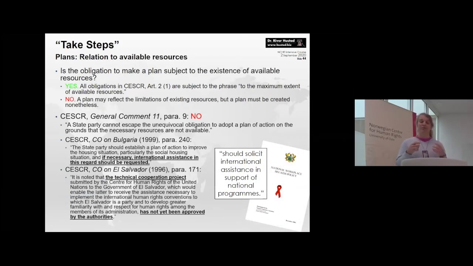States are required, even if they do not have enough resources themselves, to hire economists and people to compile the statistics and make the benchmarks. There is always an obligation to do that, and always an obligation to come to a plan. So if a country does not have those resources domestically, the committee has said they have to get them internationally, either from other countries or from the United Nations.